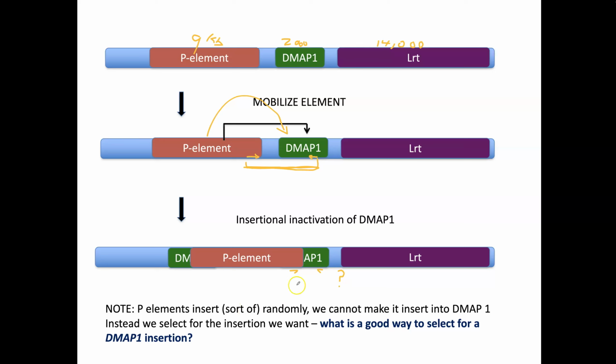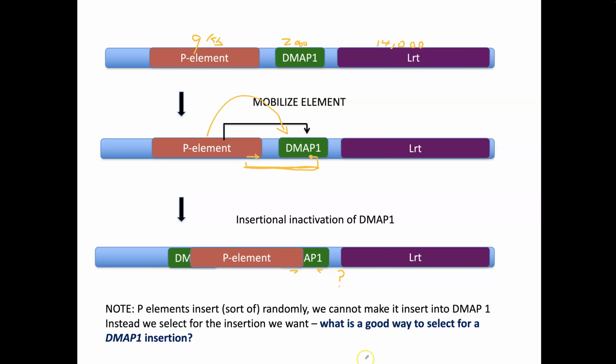So there's no way for us to make the P-element go into this region, but there is a way that we can select for a DMAP1 insertion, or select for chromosomes that have insertions with a greater chance of finding DMAP1 inserts.